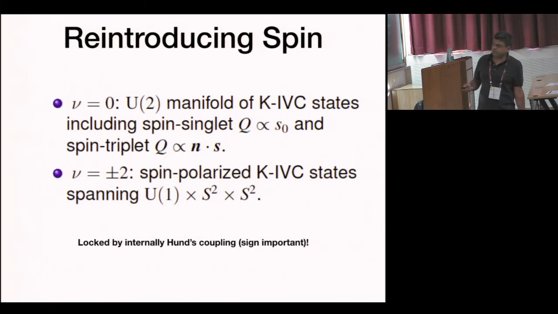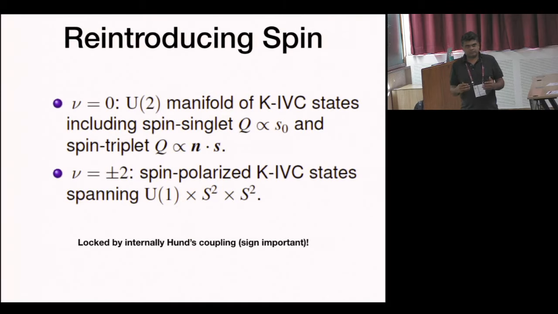Depending on the sign of the Hund's coupling, if you have the usual ferromagnetic Hund's, you would get the so-called spin triplet state, which has this unusual property that you can think of it as 2 IVCs, 2 of these Kramers IVCs for the up and down spin, but they're shifted by exactly half a period. Because they're shifted by half a period, the net currents will cancel out.